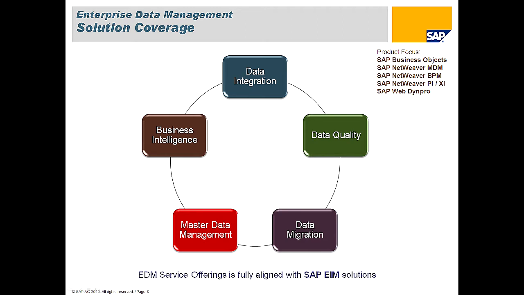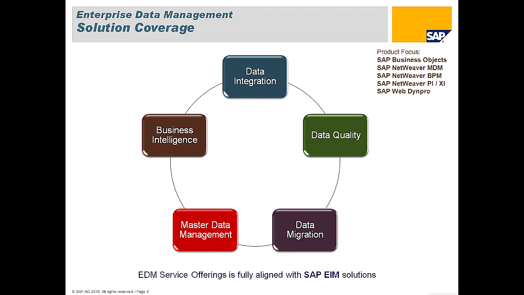And data quality, we have pre-built content to run through the data quality management. And then data migration, if the customer is working on an M&A engagement, or a net new customer consolidating the legacy systems into a single SAP platform, the content covers data migration aspects.